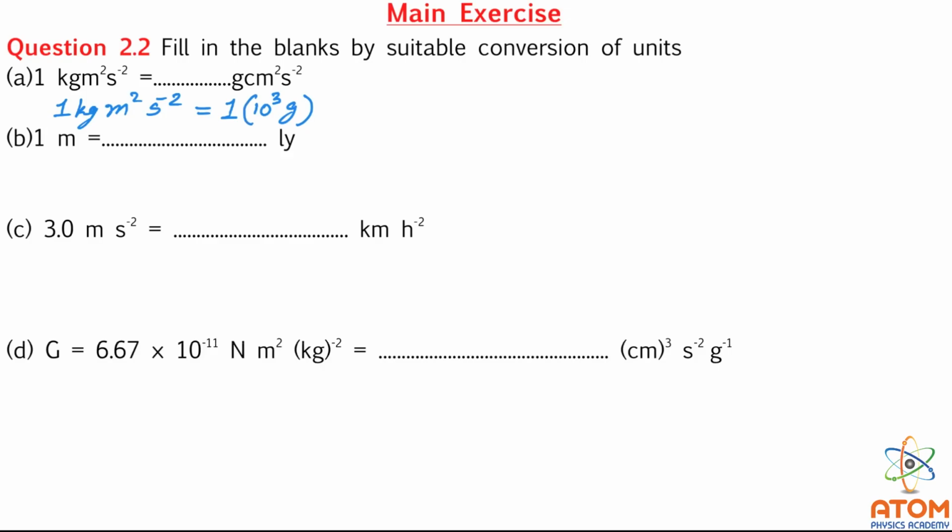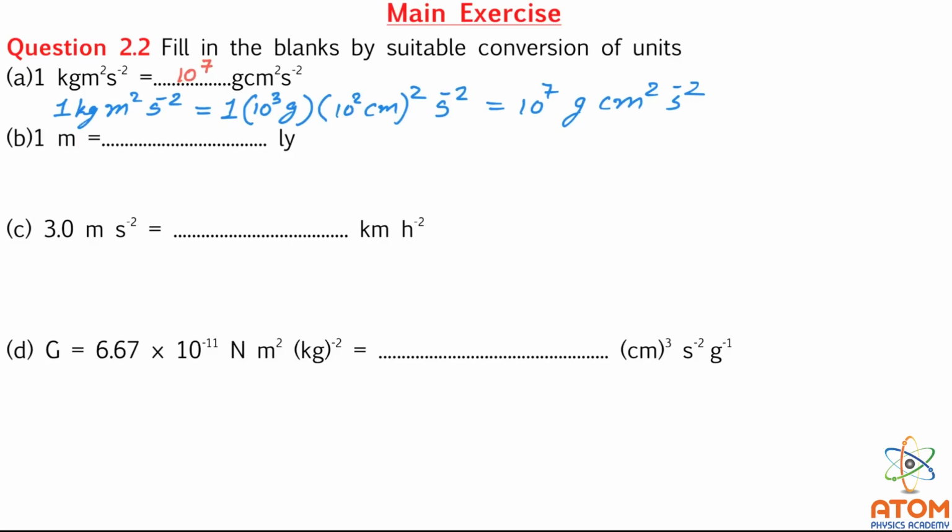And then meter is 10 raised to 2 centimeter whole square. And second will remain as it is, second raised to minus 2. Now solving this, we will get 10 raised to 7 gram centimeter square second inverse square. So let me put this value in this answer, 10 raised to 7.